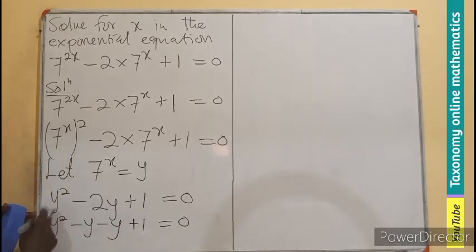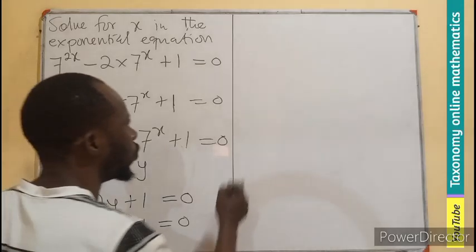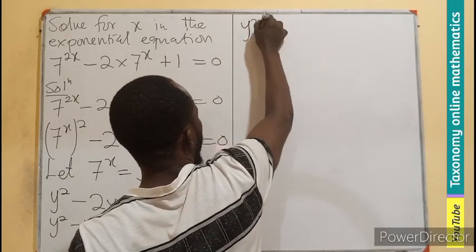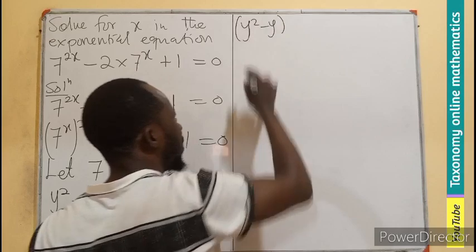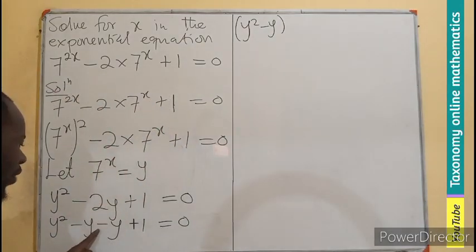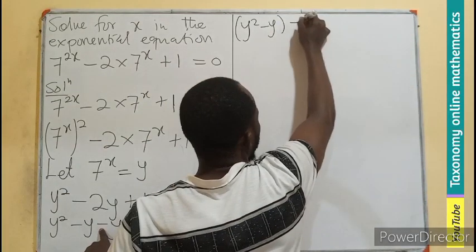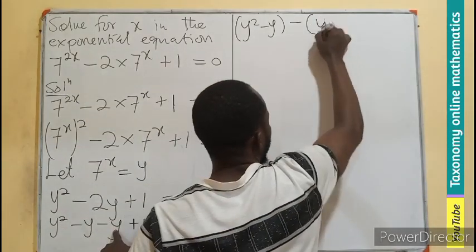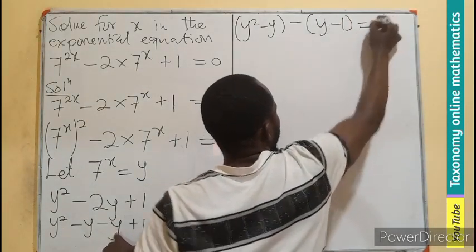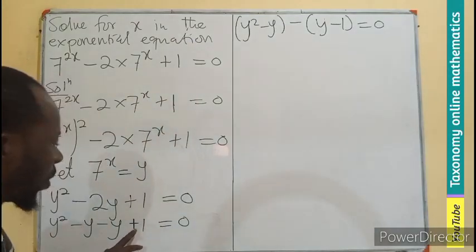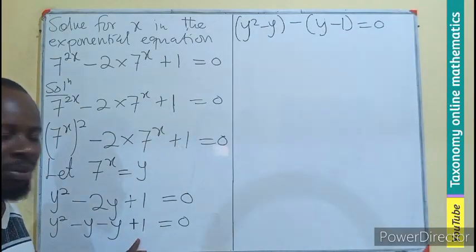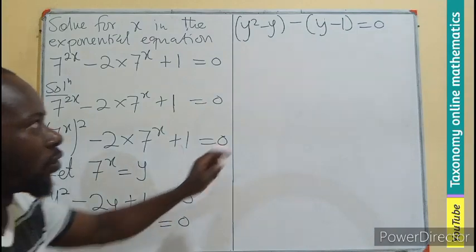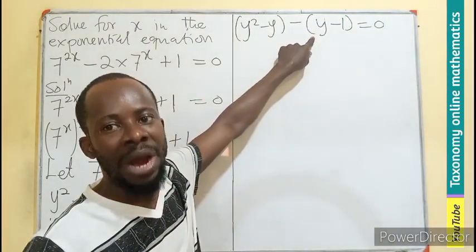Let's do the grouping method, the first two and the last two. Meaning y squared minus y in one bracket, then your minus sign will come into bracket y minus 1. Why is it minus 1, not a positive 1 as we have in the beginning? It is minus because of the introduction of the bracket.